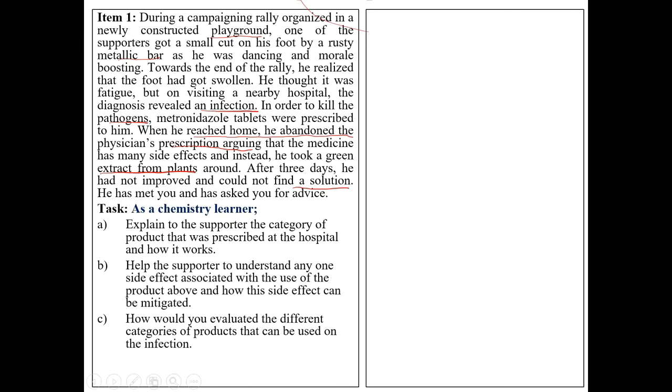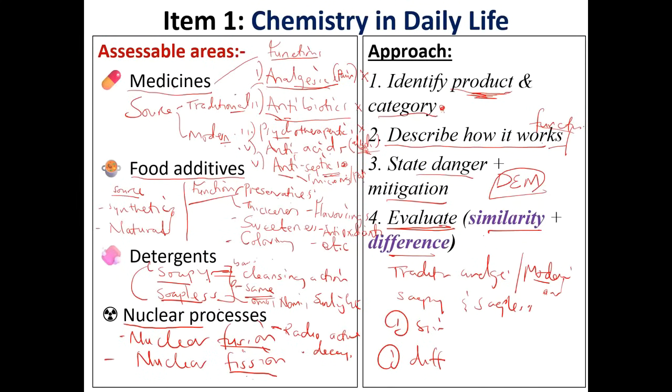But now, let's read very well, because the task is saying that as a chemistry learner, explain to the supporter the category of the product that was prescribed at the hospital and how it works. I think they want us to categorize and explain how it works. Hope you recall what we had here.